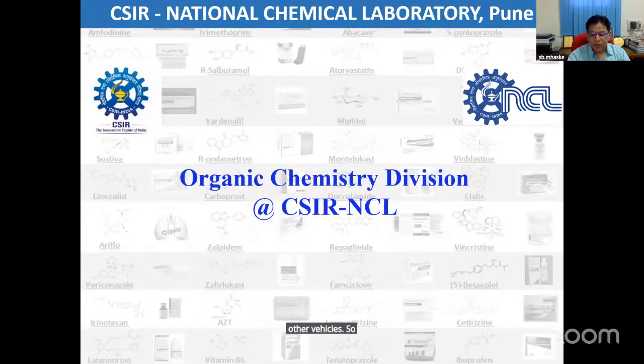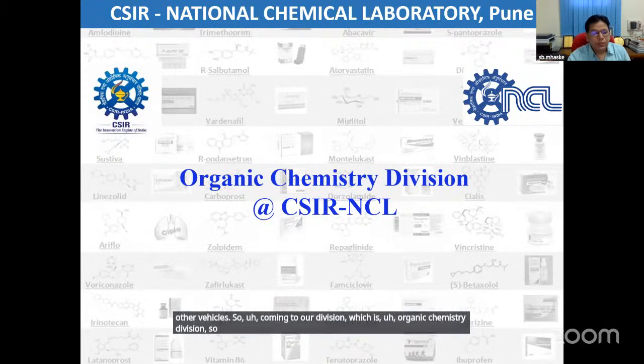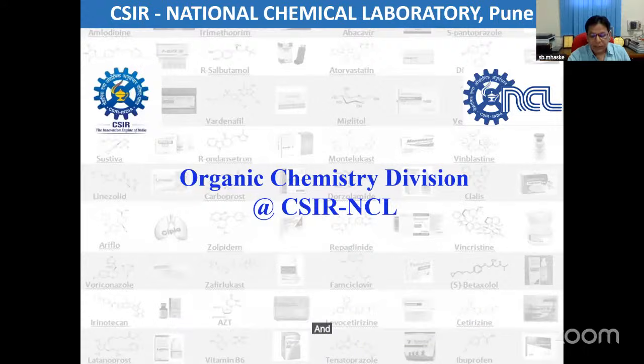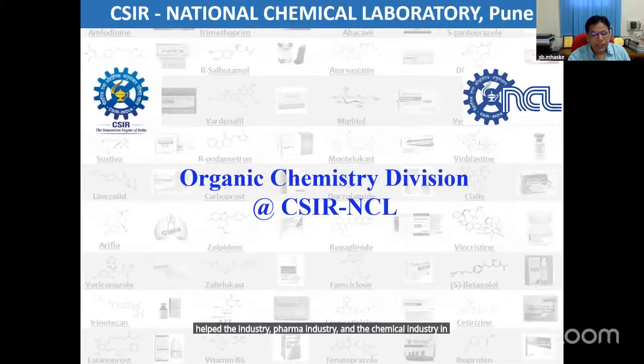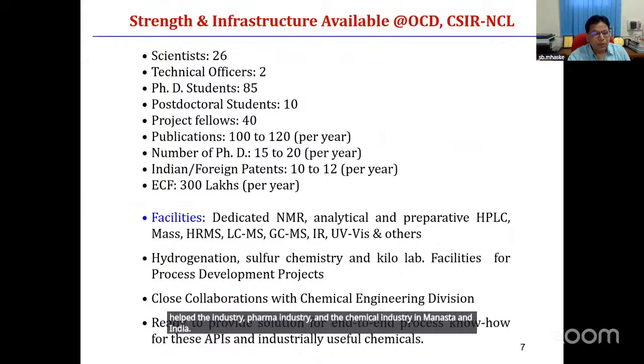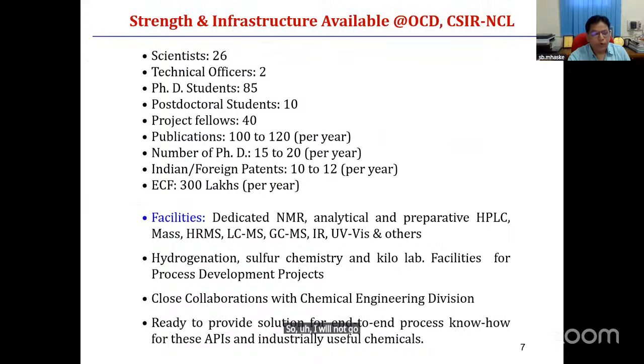So coming to our division, which is the organic chemistry division. This was one of the first divisions which was started at NCL, and it actively helped the industry, the pharma industry and the chemical industry in Maharashtra and India. I will not go into details of all these things like how many scientists and students and so on.